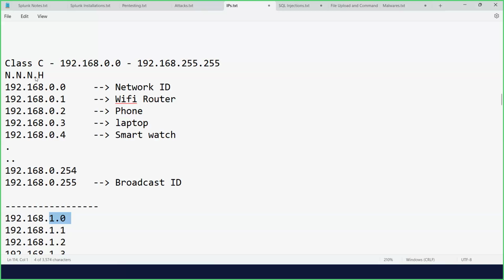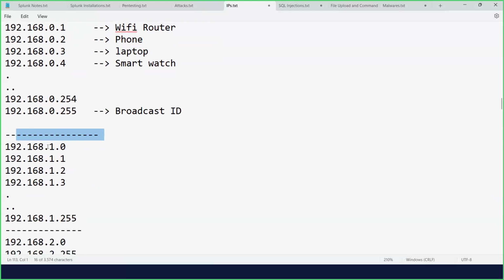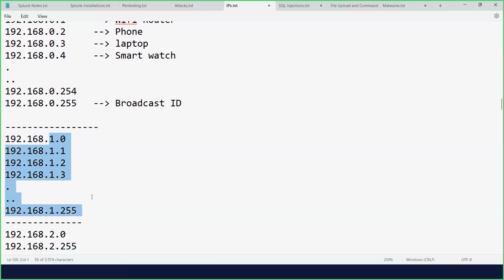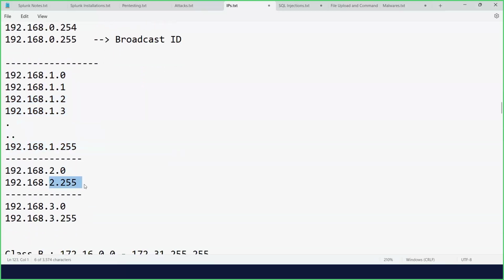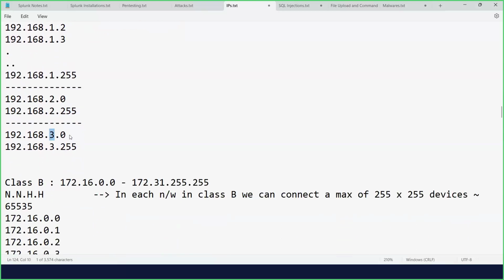Okay. And whenever there's a change in the network portion, so when the network portion here is changing from 0 to 1, the network divides over there. Okay, so this is the end of the network here. And from here begins a new network. From 1.0 to 1.255, that's another network. From 2.0 to 2.255, that's another network. From 3.0 to 3.255, that's another network. Okay.